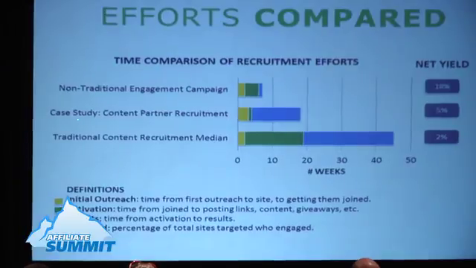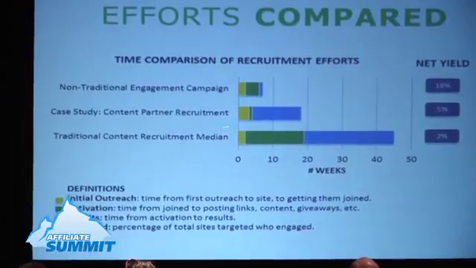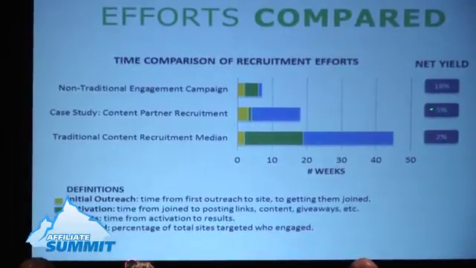You can see here, this case study is sort of a hybrid between the traditional recruitment and this, what we're talking about right now, where we targeted specifically these content sites and specifically tried to work with them on their terms, but still required that they join the program, required that they work through the commission terms. And it's slightly better, so you can see here the net yield in terms of like how many were, if you reached out to 100 people, 5 of them would say, yes, I'm interested in working on that basis.